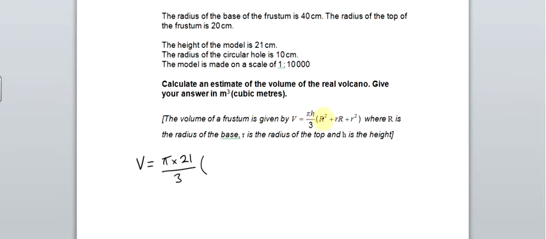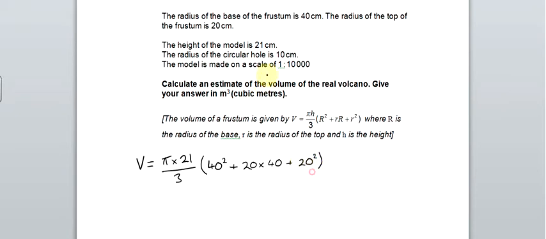and then R. If we go up to here, big R is the radius of the base, which is 40, so it's 40 squared, plus little r, the radius of the top, which is 20, times big R, which is 40, plus little r squared, which is 20 squared.